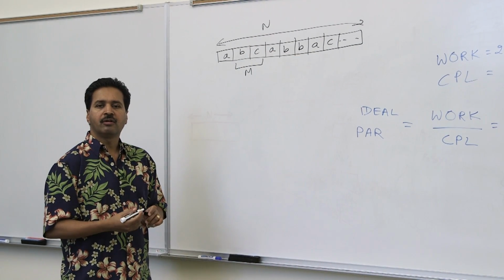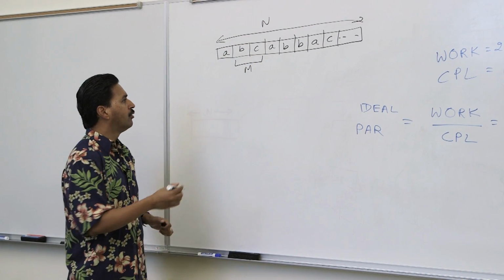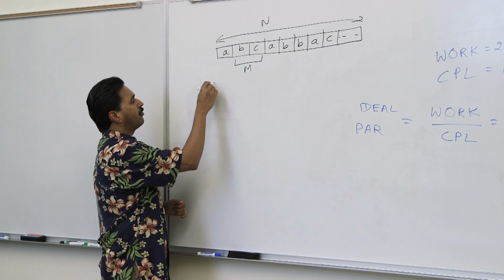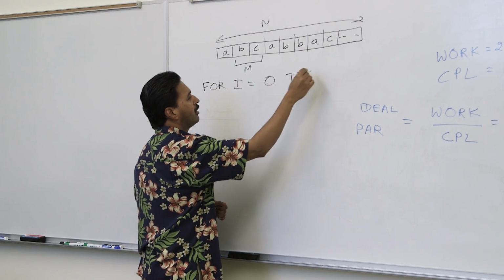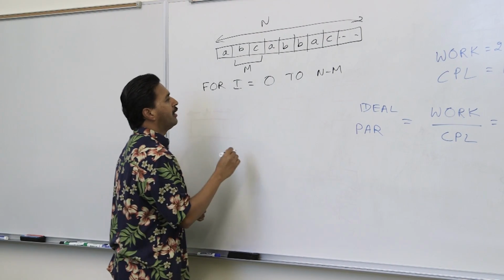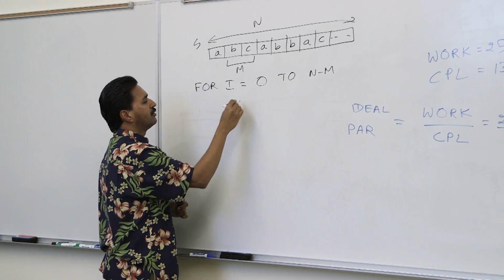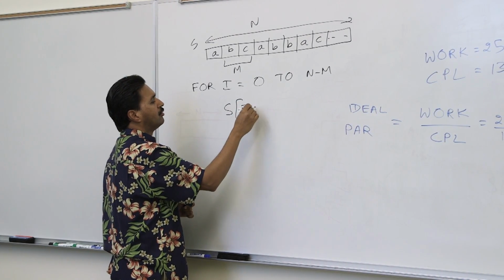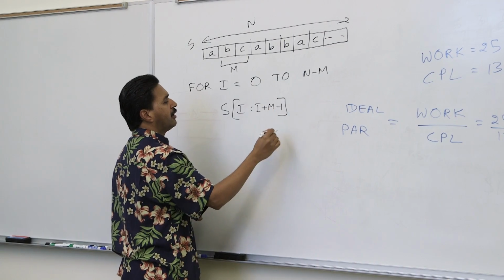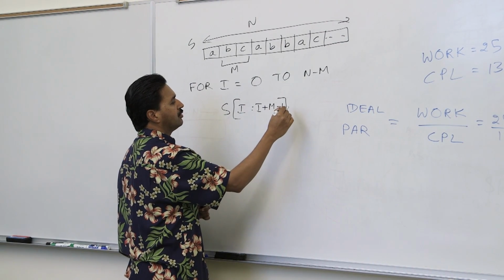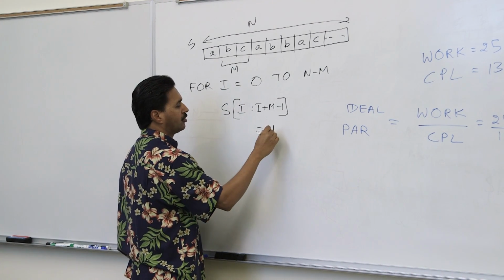If we wanted to write a sequential algorithm to determine if the pattern exists in the string, we would write something like this. We would say for i from 0 to n minus m, and what we would want to do is compare the string S starting from i, for the length of the pattern, and ask, is that equal to the pattern?